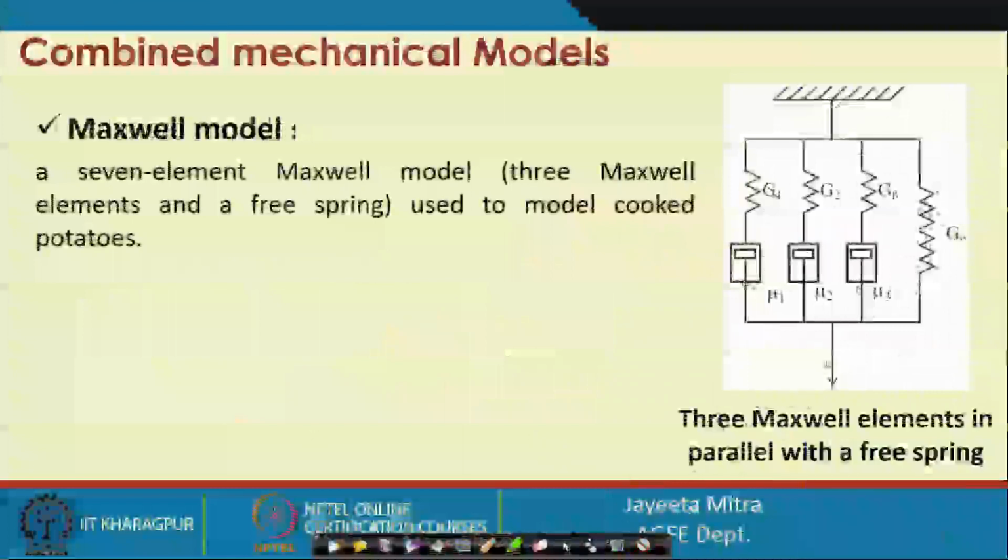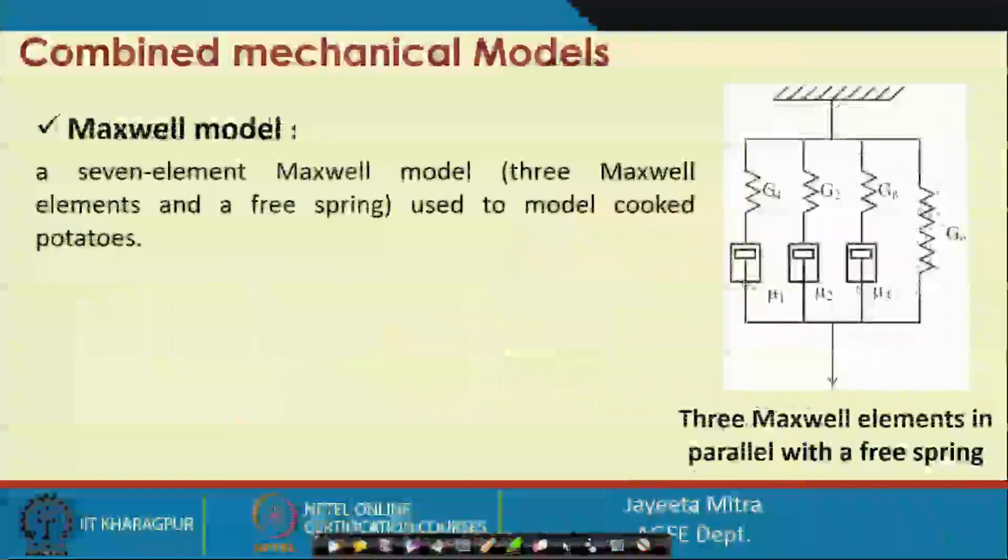So, these different kinds of complexities in a model will come when you analyze different kinds of food material and their cooking behavior, swelling behavior, and gelling behavior.